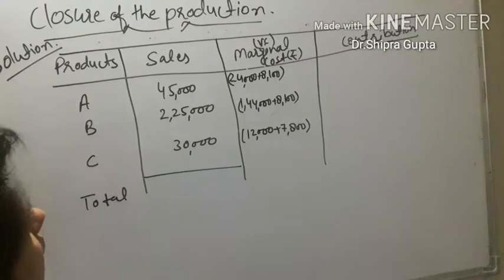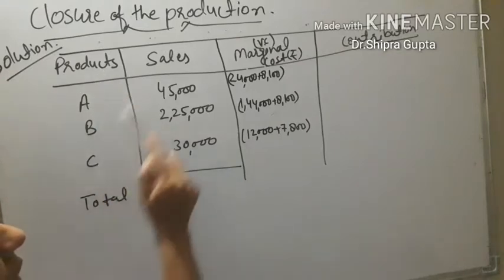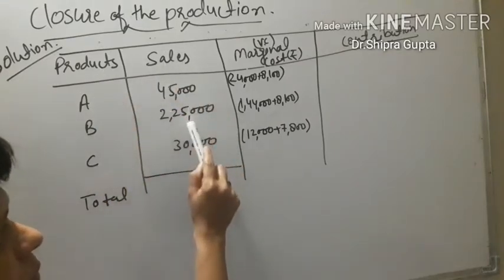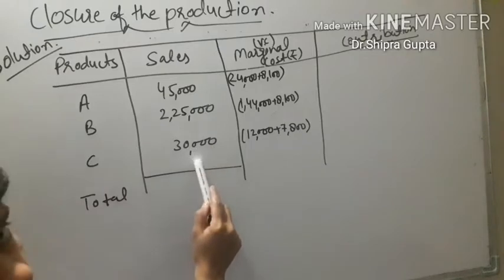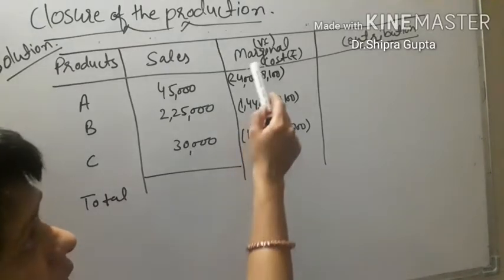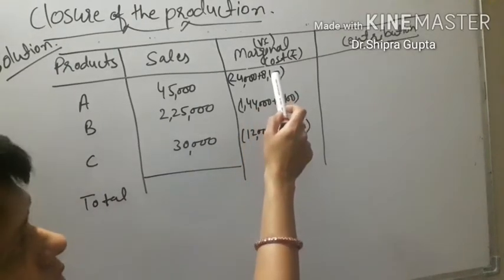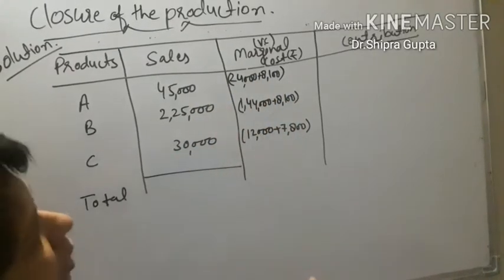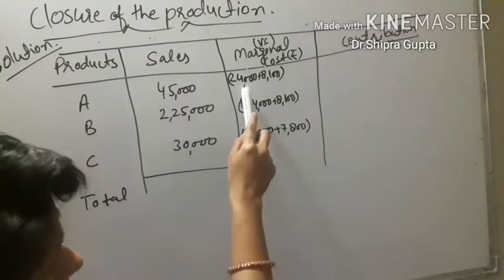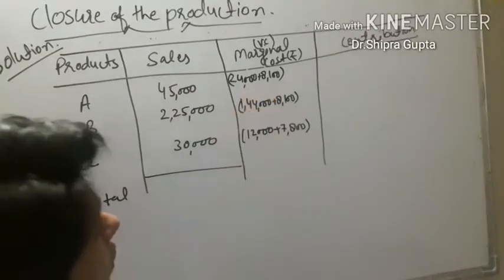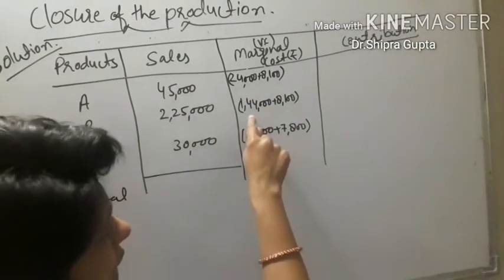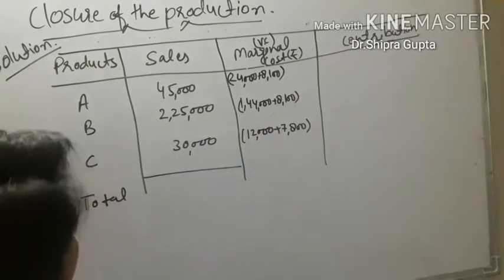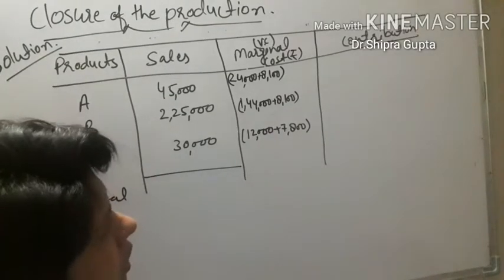First we will maintain a table. Products A, B, C. Sales given: A is 45,000, B is 2,25,000 and C is 30,000. Then we will take marginal cost, meaning variable cost. We take both variable cost for production cost and selling and administration cost: for A 24,000 and 8,100, for B 1,44,000 and 8,100, and for C 12,000 plus 7,800.